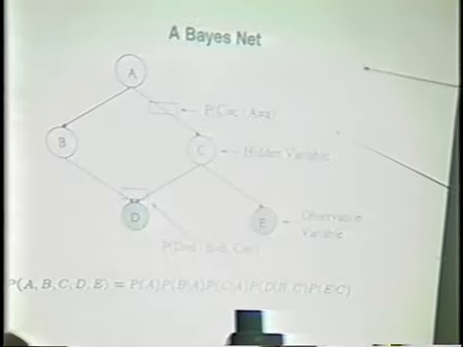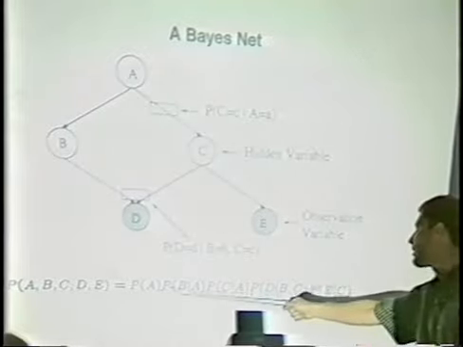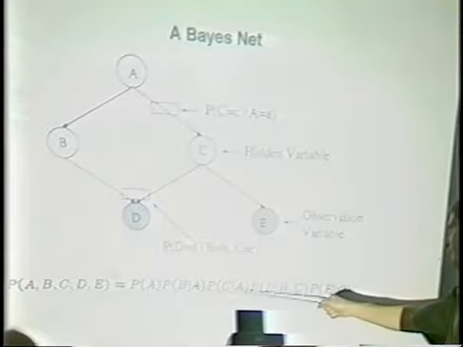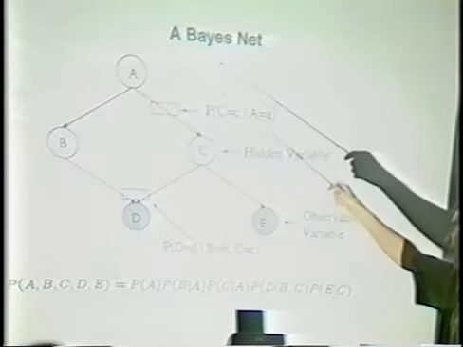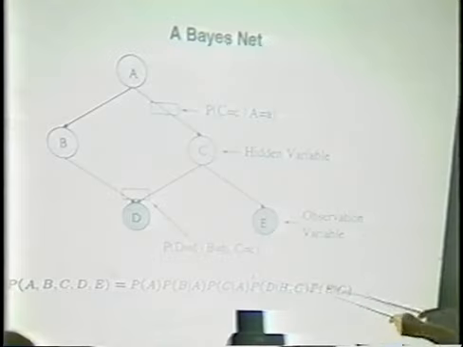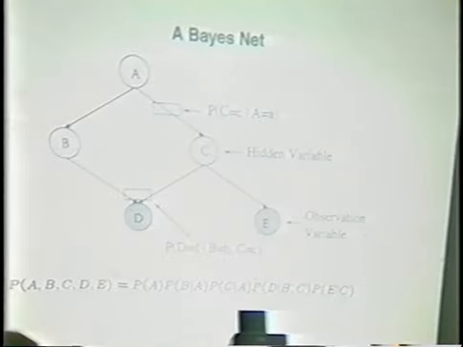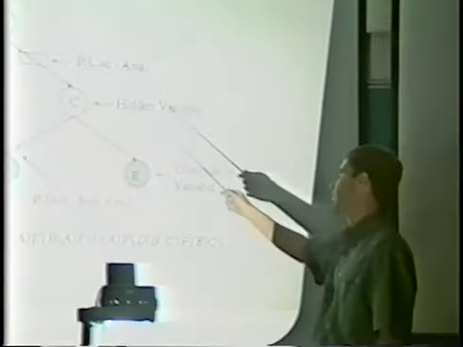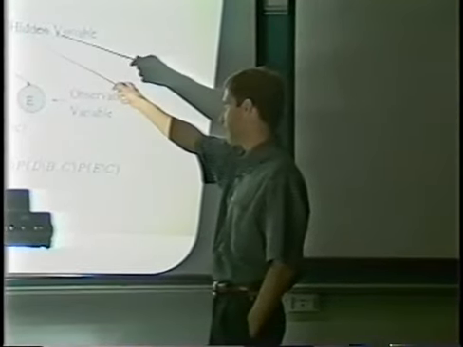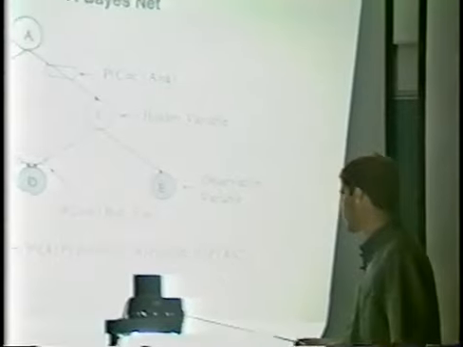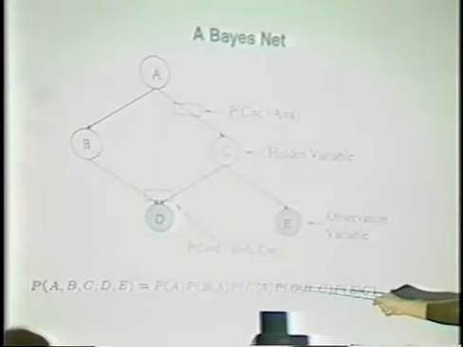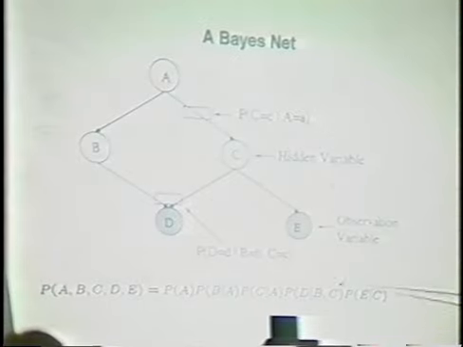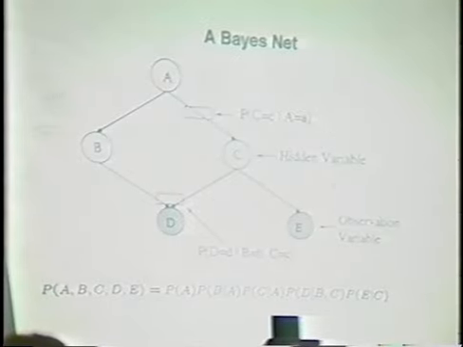So A doesn't have any parents, which means that you have a prior on A. B has A as its parent in the graph, so you have the probability of B given A. C has A as a parent, so you've got C given A. If you were just using the chain rule, then you'd have the probability of C given A and B, but the graph specifies that, in fact, you can ignore B in conditioning for C. Then D has B and C as parents, so you have this, and finally you have the probability of E given C.